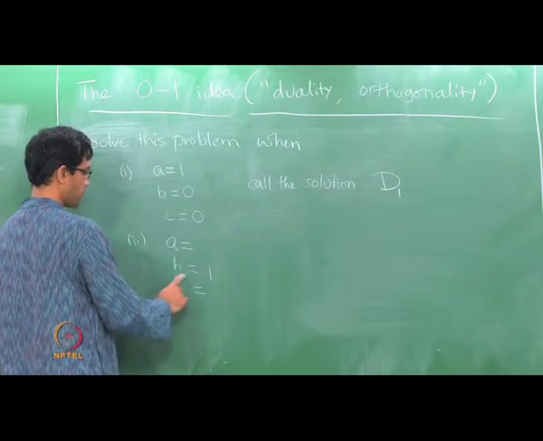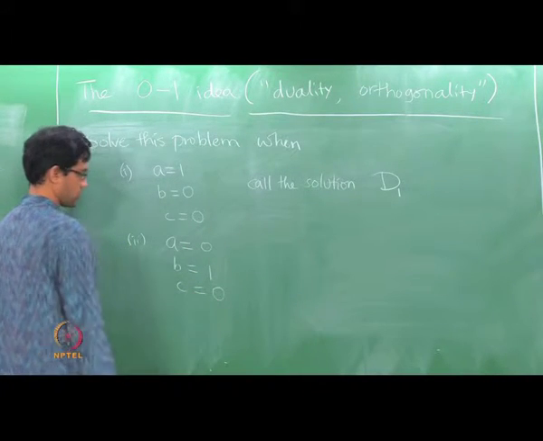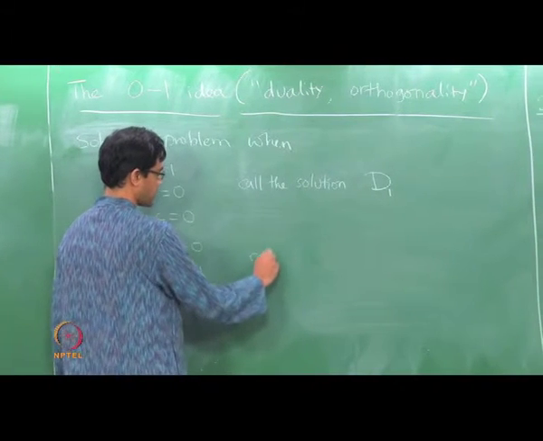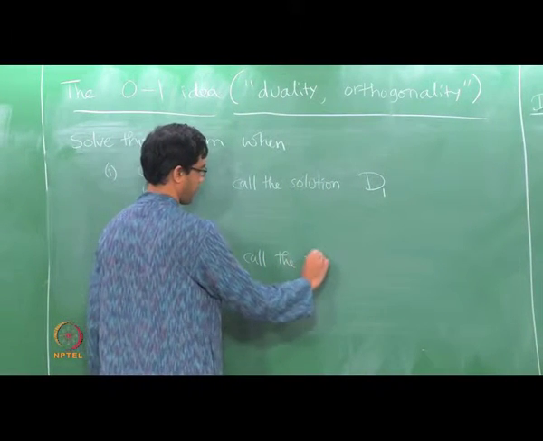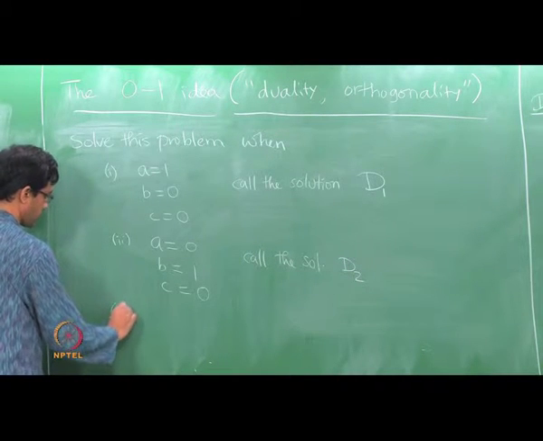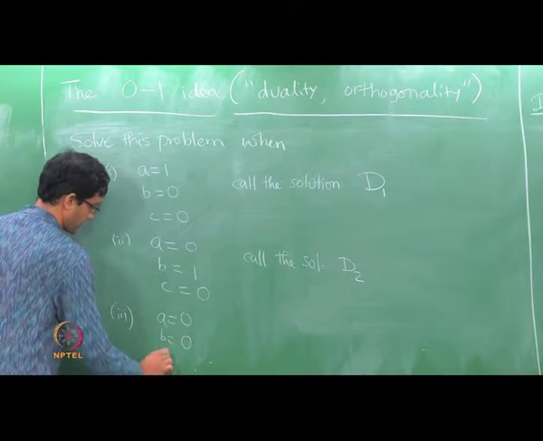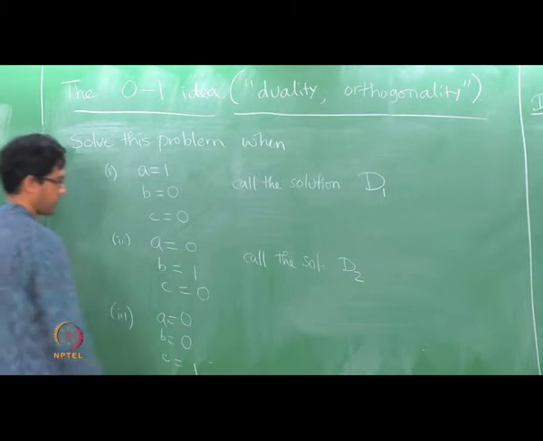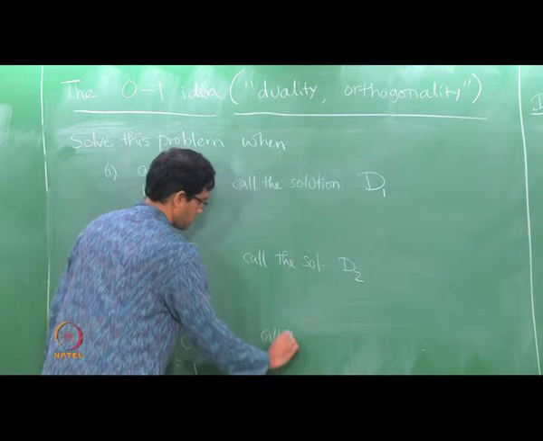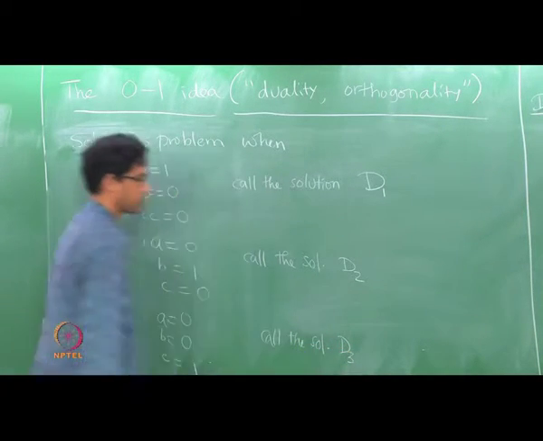Let us find a point D whose dot product is 1 with OB and 0 with the other 2 vectors. Suppose we can solve this problem, call the solution D2, and we solve the third problem, which is dot product 0 with the first 2 vectors and 1 with the third vector, and call that solution D3. Okay.